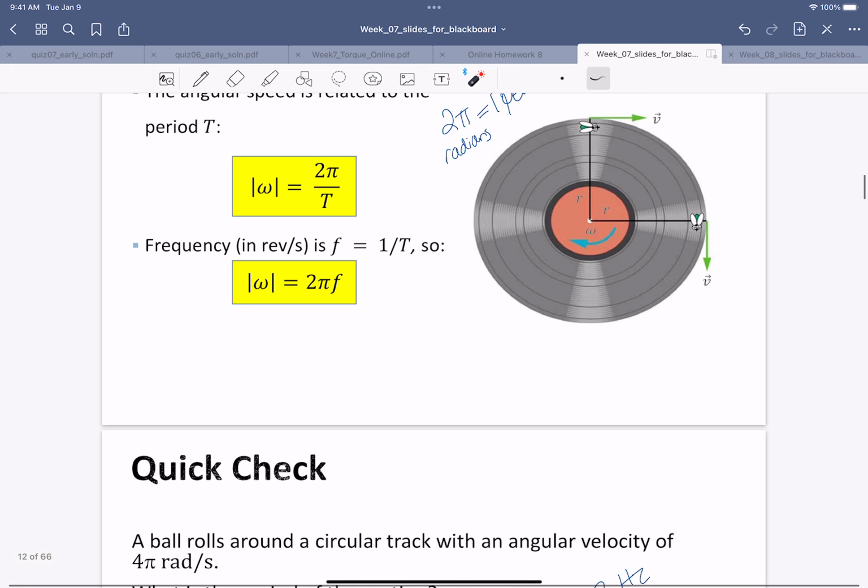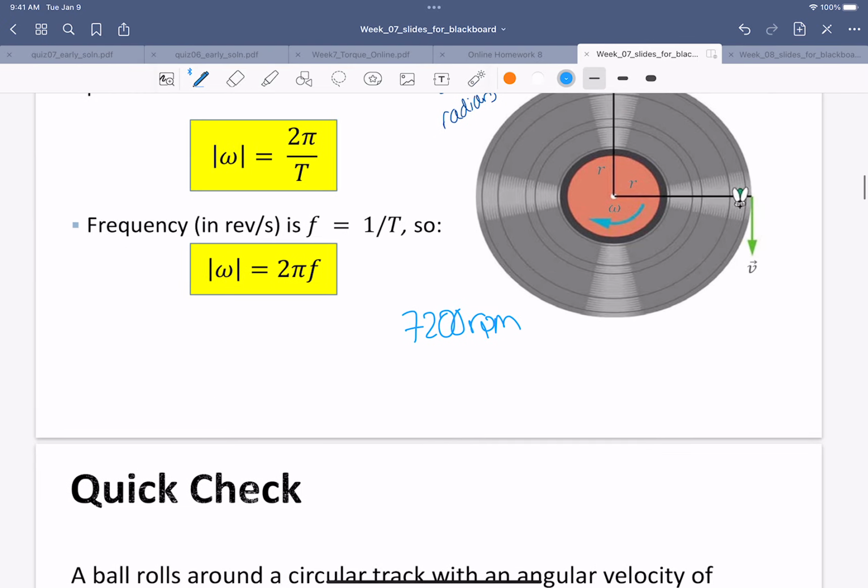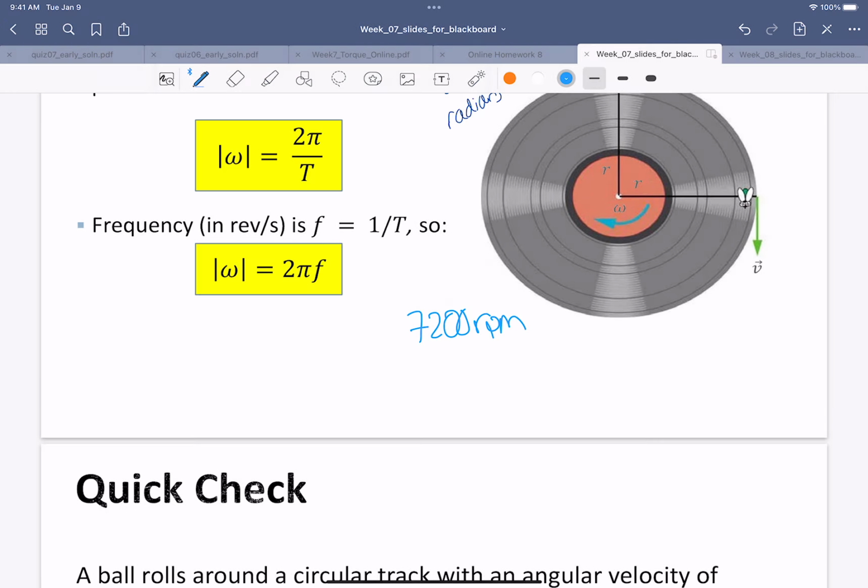That also brings us to the fact that 1 over T, 1 over the period, is our frequency. So angular speed is also equal to 2 pi times your frequency. And your frequency, remember, is in units like revolutions per minute, revolutions per second. So if I said I have 7,200 RPM, like in this problem, I convert that to RPS, revolutions per second, because I want things in seconds always, or almost always, unless they state explicitly that they want it in minutes.